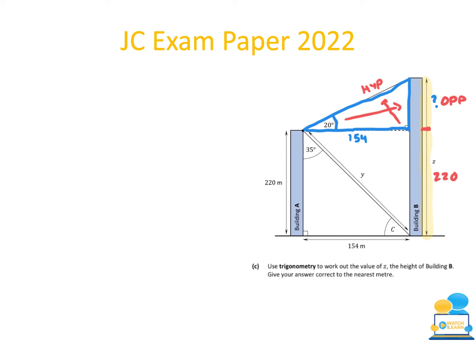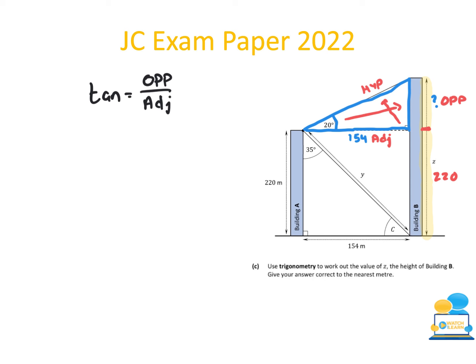I don't want to find that out. And finally, my adjacent side is the distance between the buildings, 154 metres. Therefore, I'm using my opposite and adjacent sides as I want to find out the opposite side and I know the adjacent side. That means that I'm going to use the trig ratio tan, as tan equals my opposite over my adjacent.